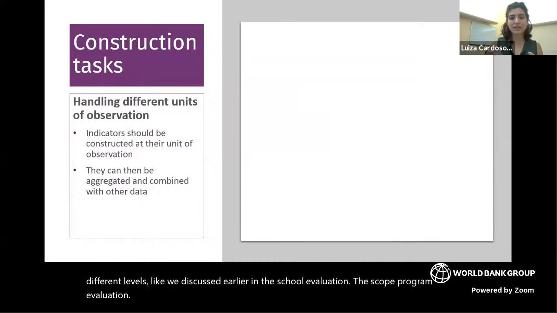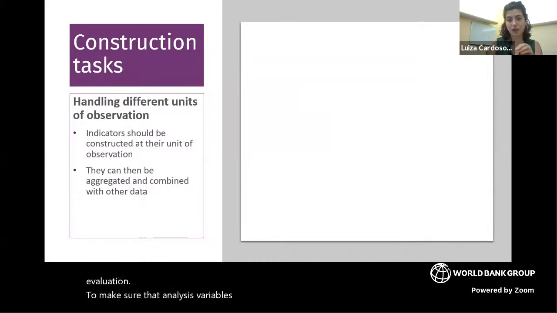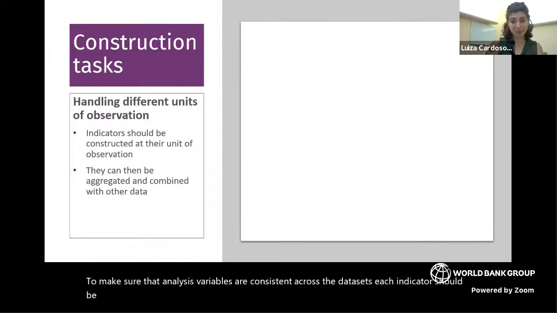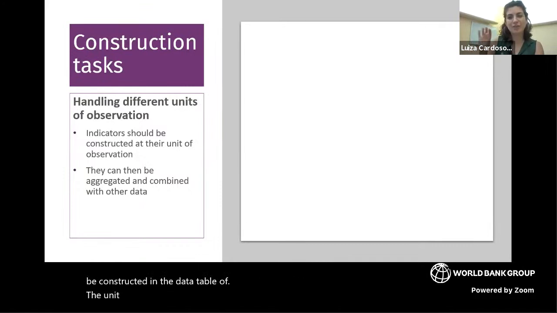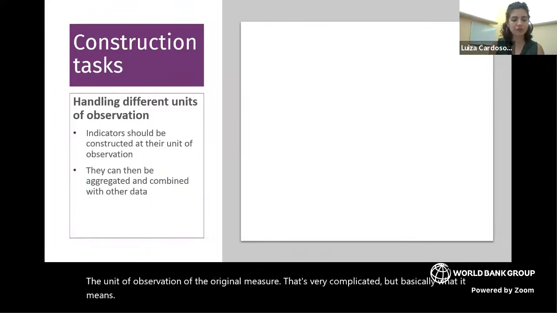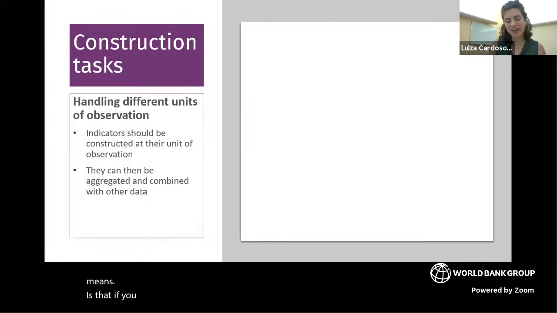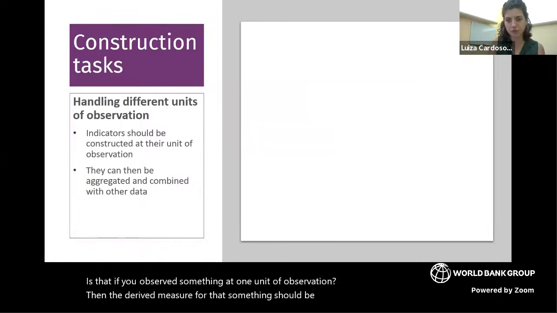To make sure that analysis variables are consistent across the data sets, each indicator should be constructed in the data table of the unit of observation of the original measure. That's very complicated. But basically what it means is that if you observed something at one unit of observation, then the derived measure for that something should be calculated at the same unit of observation.